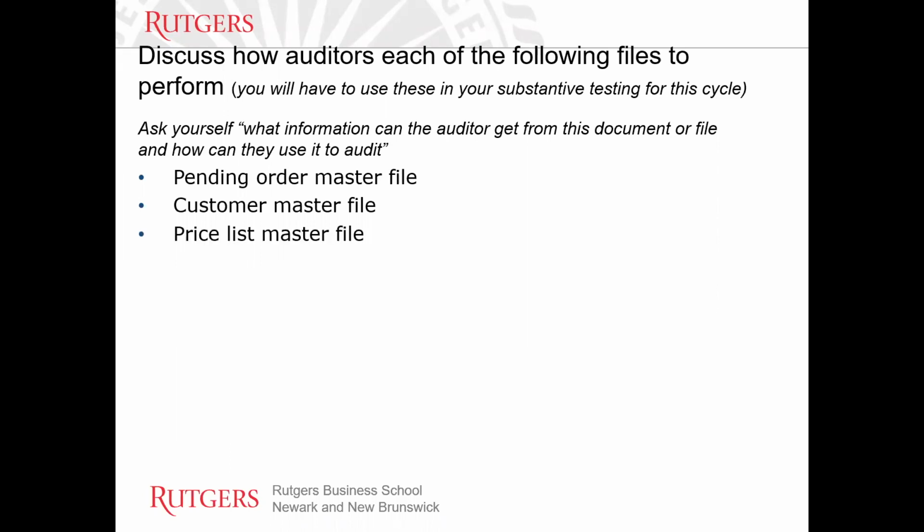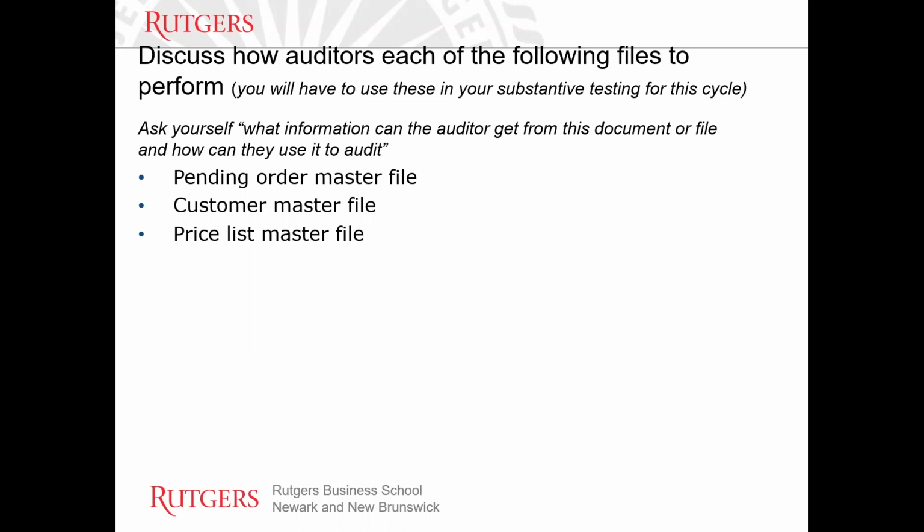Price list master file, what information is on this particular file? Yes, and so this file, again, when we first started talking about these documents, I said, assume that they've already been tested, meaning the auditor doesn't just assume that every price in the price master file is correct. That's actually part of their audit plan to test the controls underlying that, right?